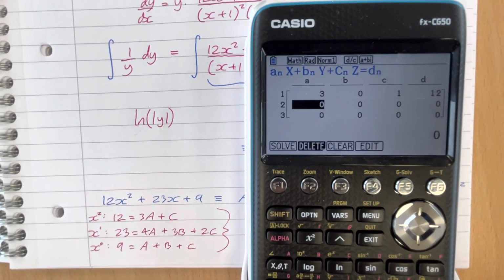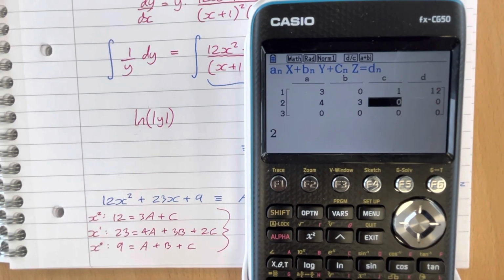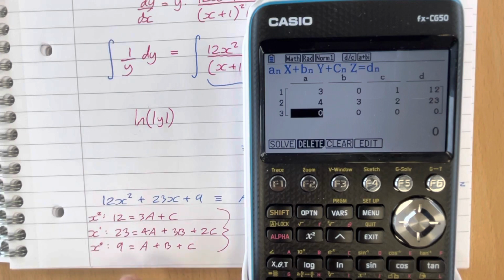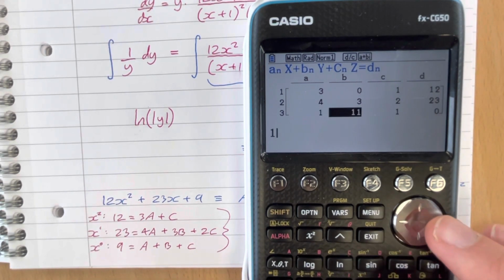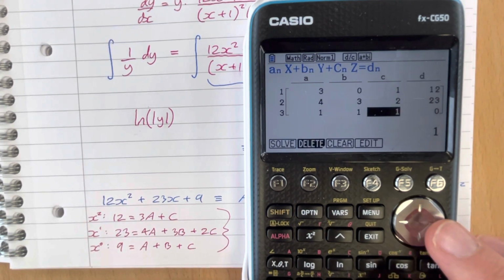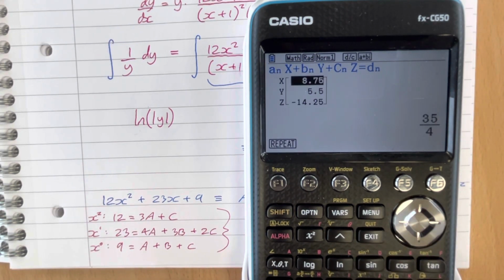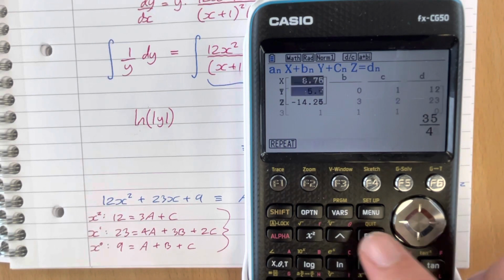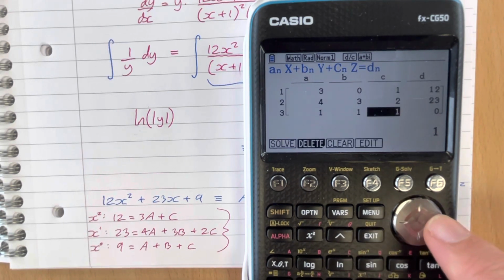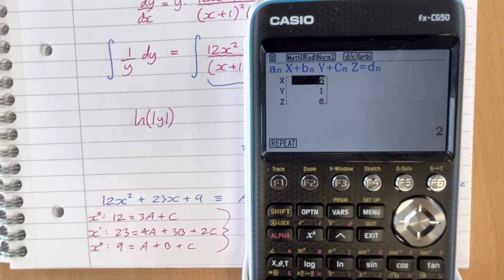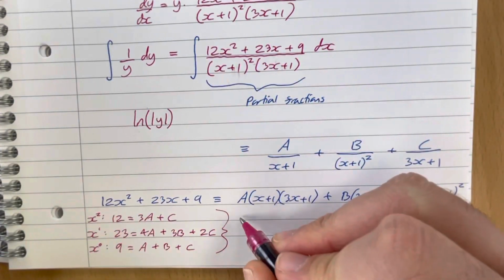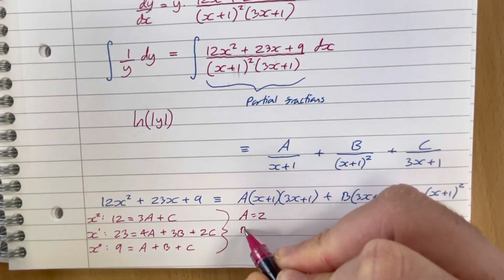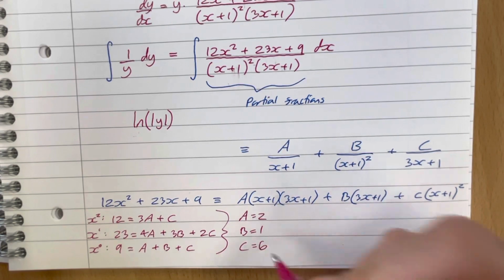The second equation says 4A plus 3B plus 2C is 23. And the final equation says A plus B plus C is, oops, that should be 9. There we go. So we end up with the solutions: A is 2, B is 1, and C is 6.